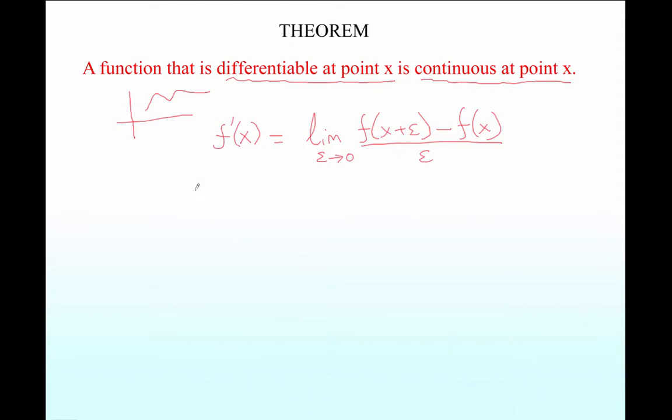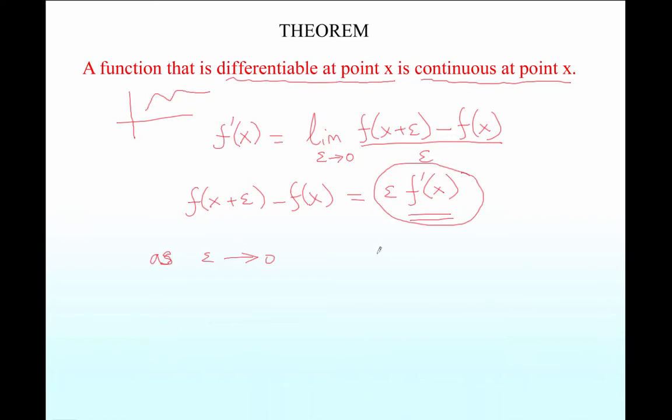Let's write this slightly differently. What this says is that f of x plus epsilon minus f of x is equal to epsilon times f prime of x, and now this is some number, some finite number. As epsilon becomes smaller and smaller, what we see is that this right-hand side goes to 0.